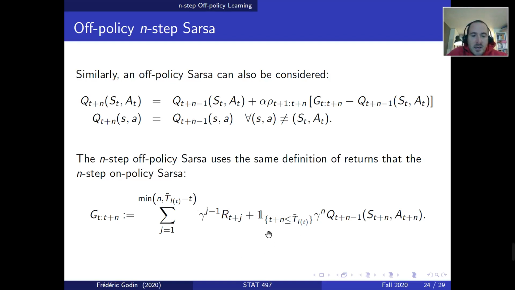Plus, there is an indicator which tells you whether the episode ends before the next n steps. If this isn't the case, then you have this bootstrapping term, which is gamma to the n, the discount factor for n steps, times Q_{t+n-1} in state S_{t+n} and action A_{t+n}. This attempts to quantify the expected return in n steps when you are in the state S_{t+n} and A_{t+n}.